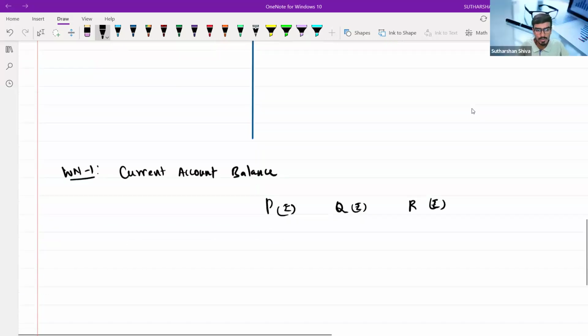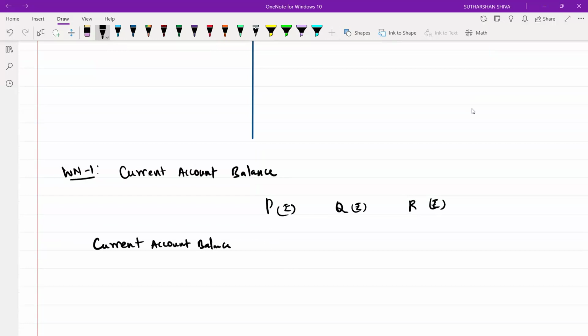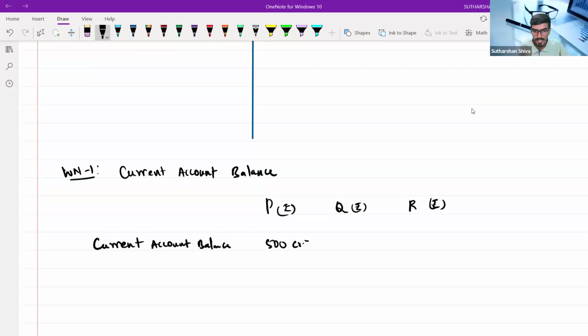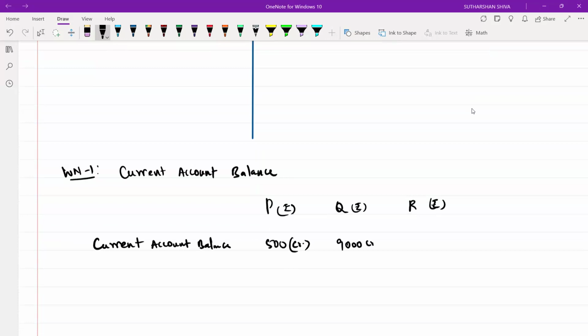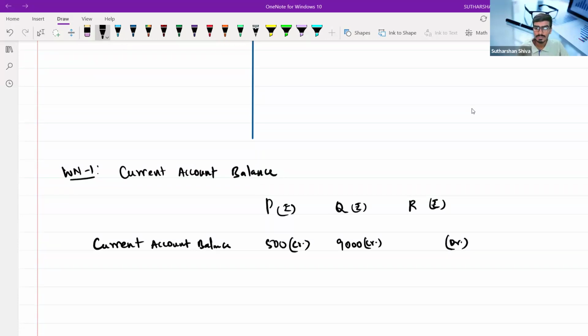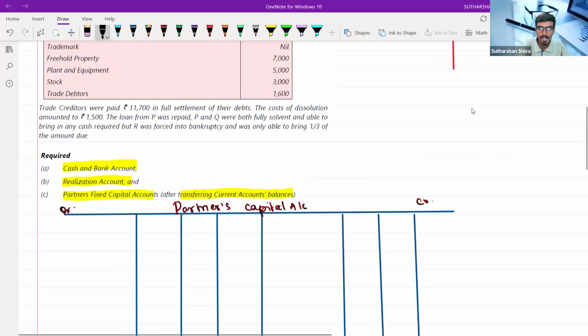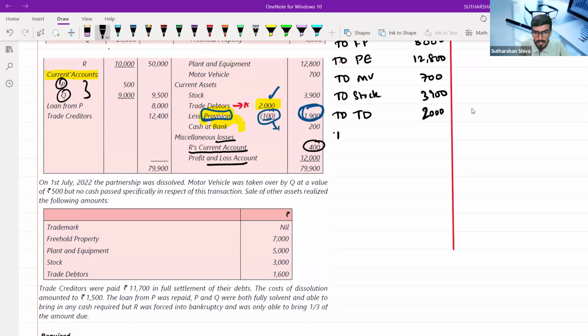Now, what are the current account balances they have? P has 500 on the credit side, that is the liability side. Q has 9,000 on credit. R has a debit balance of 400.